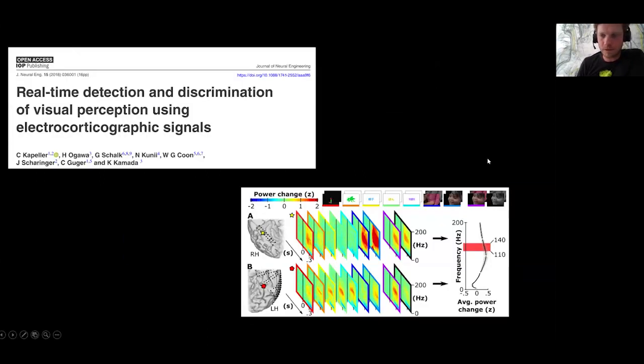I've already talked a bit about this publication, which you also get. It was published by Christoph Kobella a couple of years ago. It's about real-time detection and discrimination of visual perception using electrocorticographic signals. So that's a bulky name for what I've just explained to you.